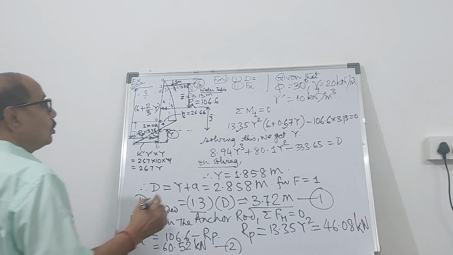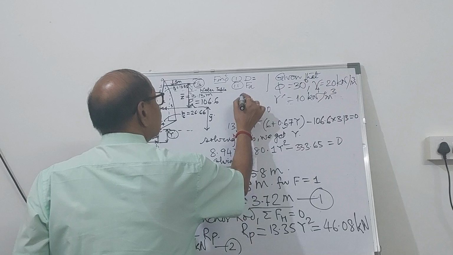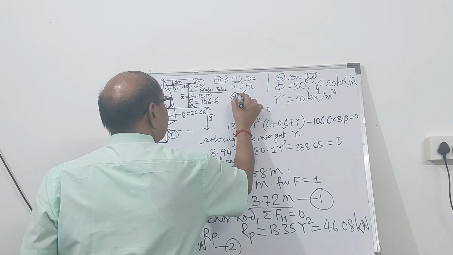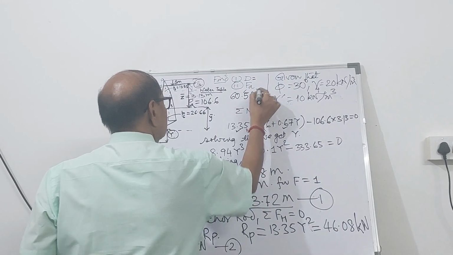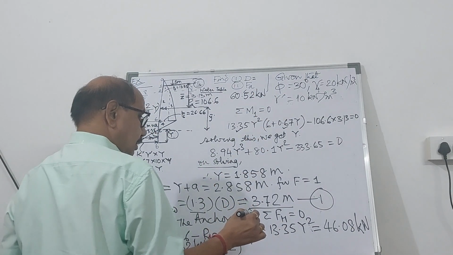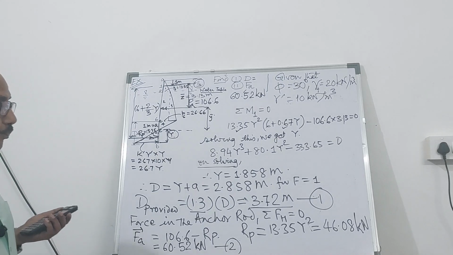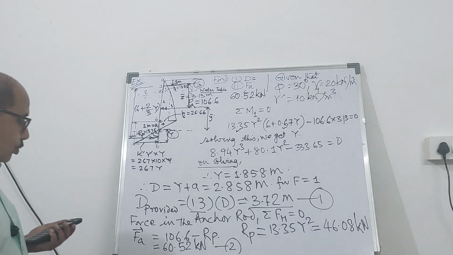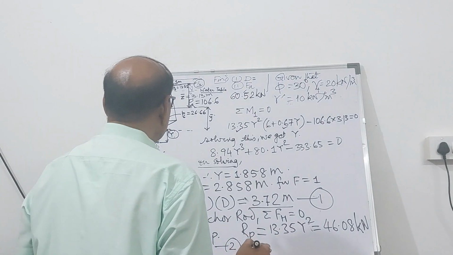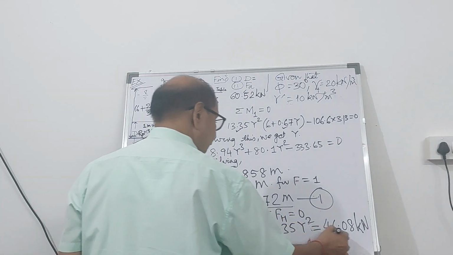So both Fa, 60.52 kilonewton, and also the value of Rp we have calculated.